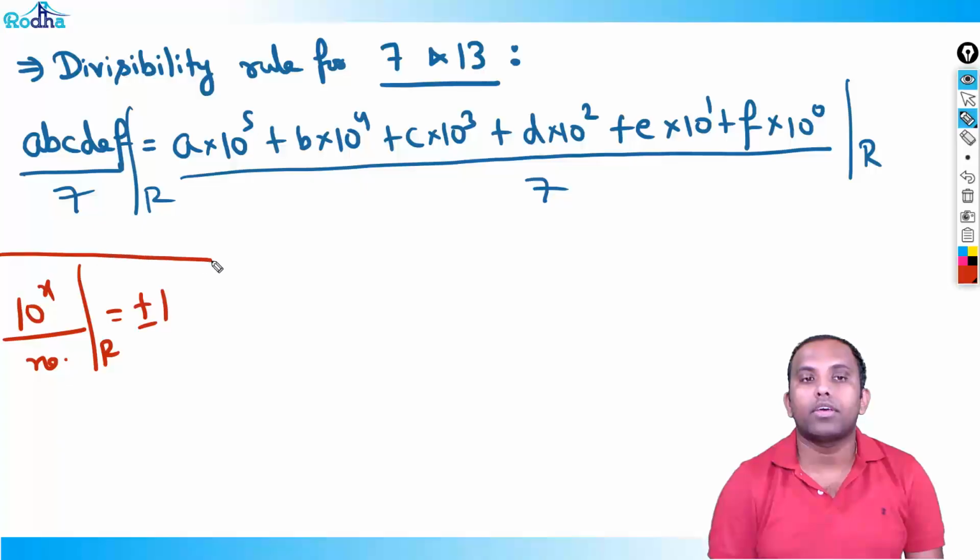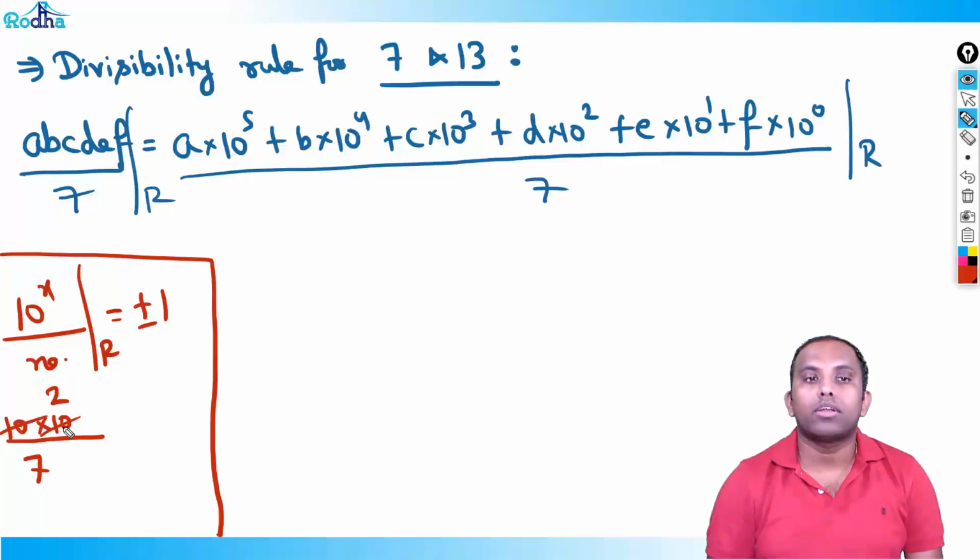This is what we are always searching for. So you see here the number is 7. At which power of 10 will it give me a remainder of plus 1 or minus 1? So 10 by 7 remainder is 3, which is obviously not plus 1 or minus 1. Then 10 into 10, 100 by 7, remainder is 2. Again it is not plus 1 or minus 1, right? Put one more 10 here.